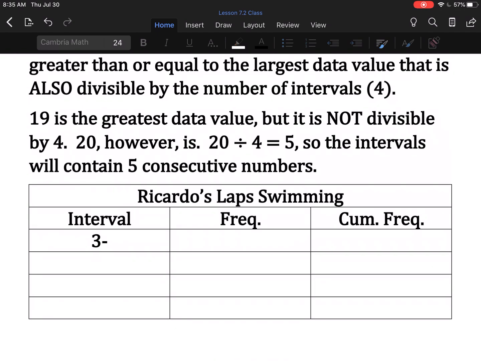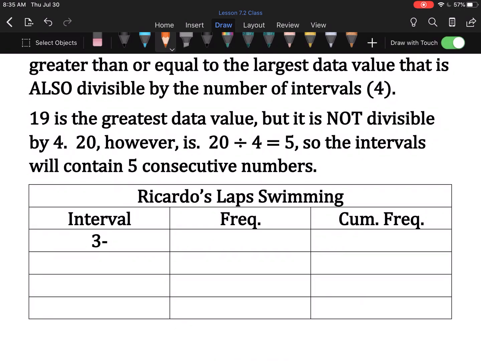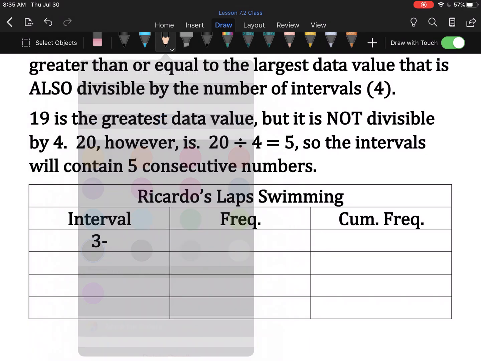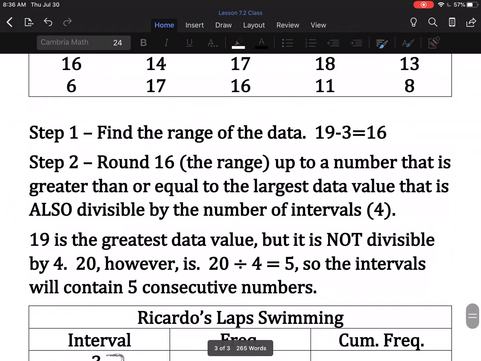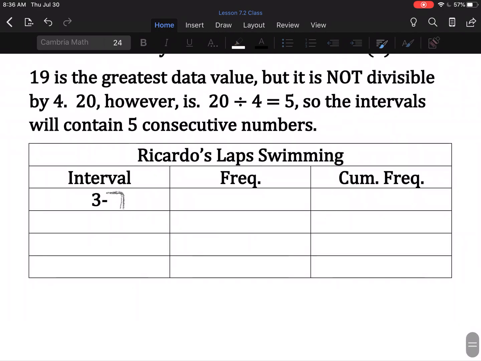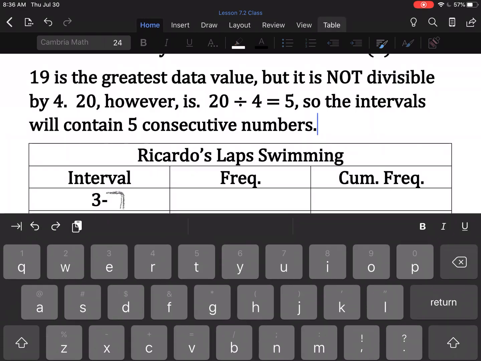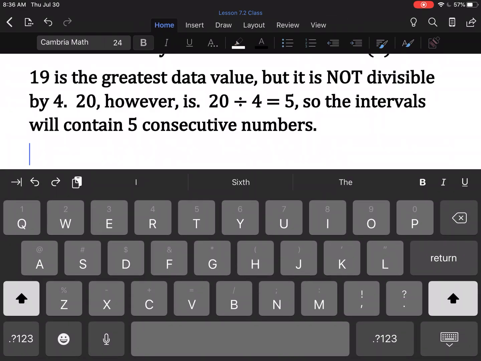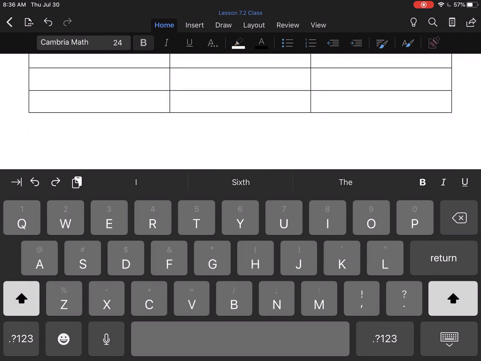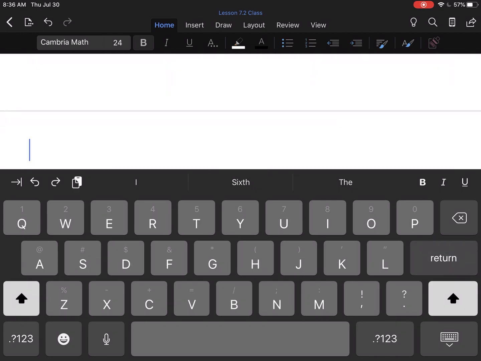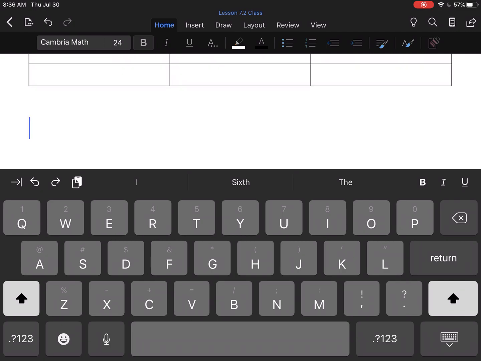So when I say 5 consecutive numbers, I mean the first interval, starting at the lowest number of 3, would be 3, 4, 5, 6, and 7. Give me 1 second, I just gotta make this calm down a little bit. It's going to jump around if I don't do this.